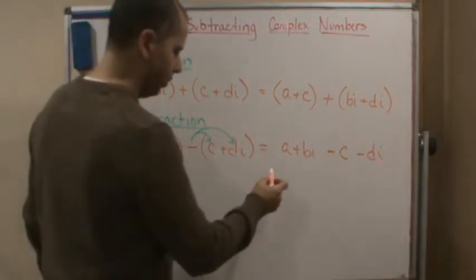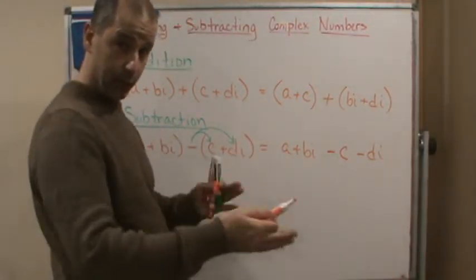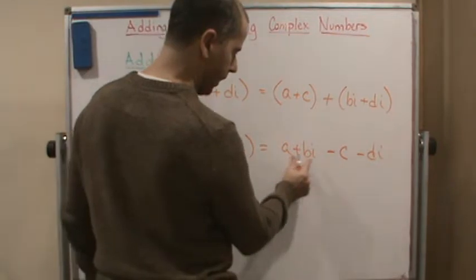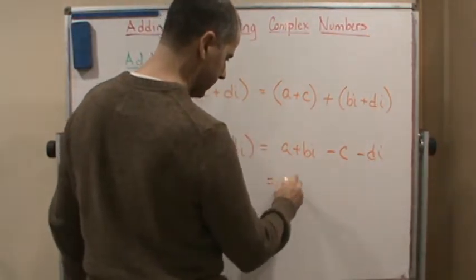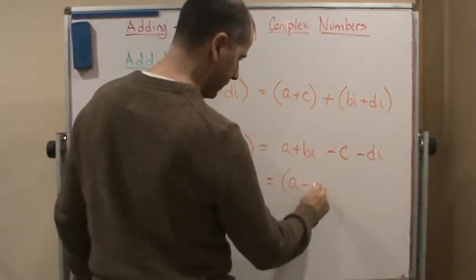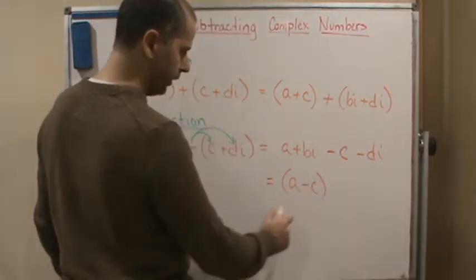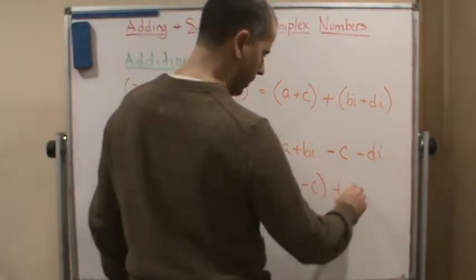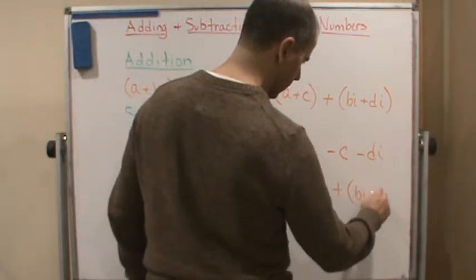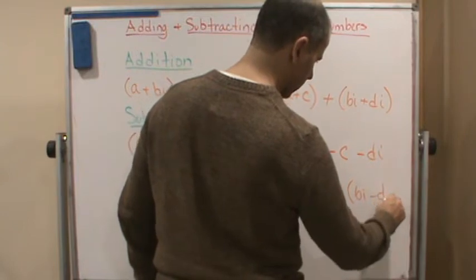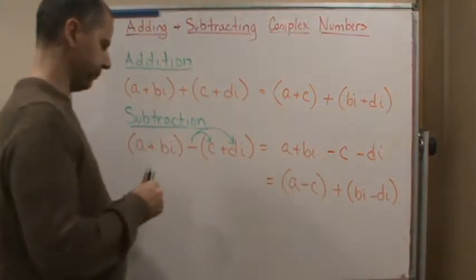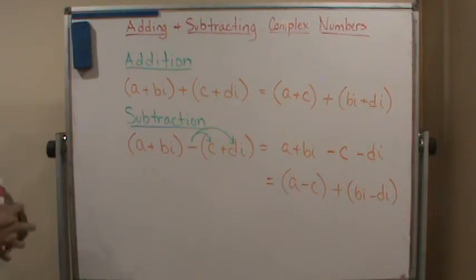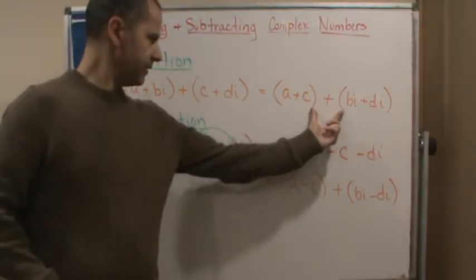Now again, we match real with real. We take this real part with this real part, which gives us a minus c. That's the real part, plus bi minus di. And so there's the general equation.